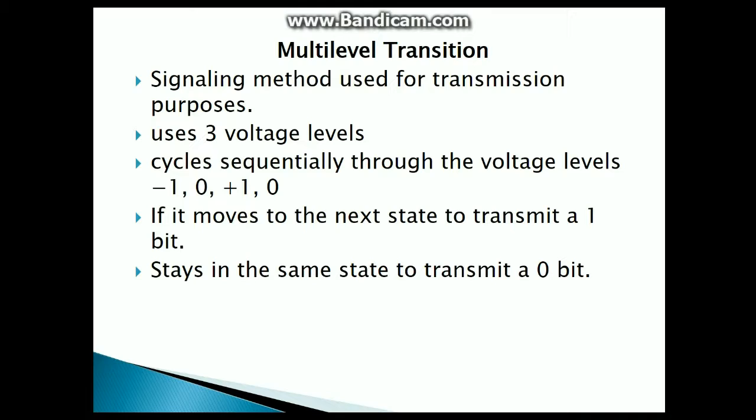To recap on the multi-level transition, we can say that multi-level transition is a signaling method used for transmission purposes. Usually, it uses 3 voltage levels. Basically, it cycles sequentially through the voltage levels -1, 0, +1, and 0 again.